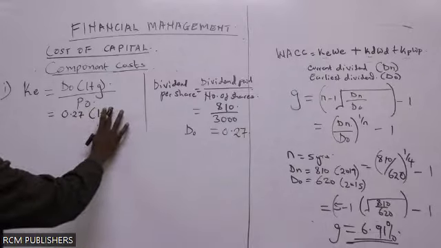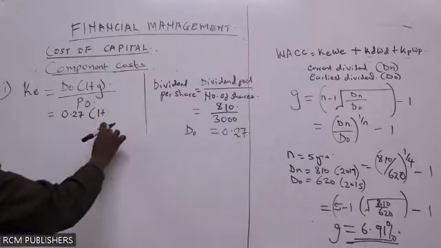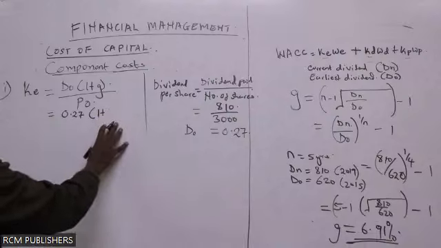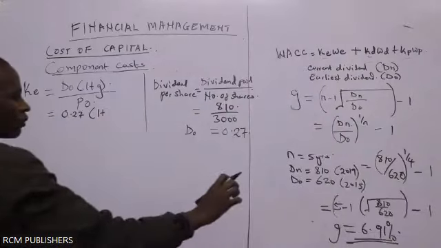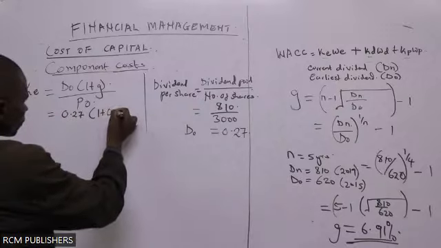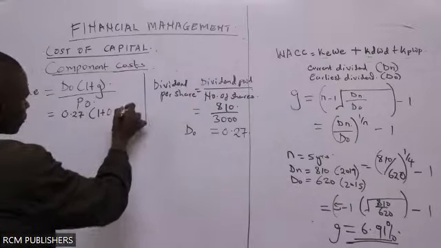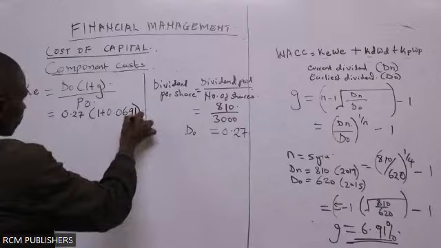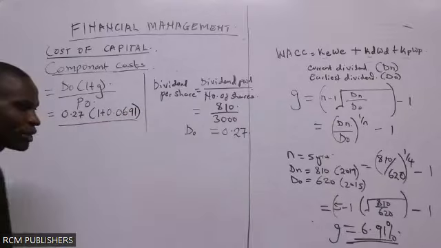What is my g? My g, let me put it into decimal, 0.0691, and then I divide by what is our P0?